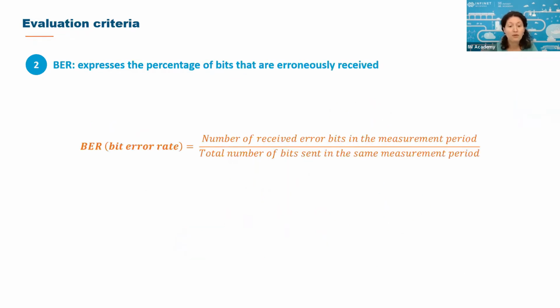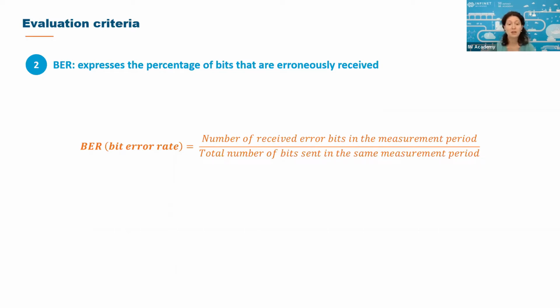The second criterion for determining the quality of the channel is to evaluate the bit error rate. This tells us the percentage of bits that are altered or erroneously received, and it is often defined as the ratio between the number of error bits and the total number of bits that were sent over a specific measurement period.